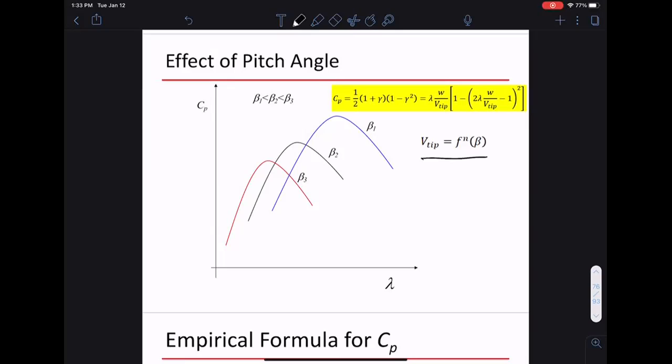Because this is a function of beta, it changes how the curves behave. Here the red curve is a larger beta, and the blue curve is a smaller beta. So by changing beta, you can place the curve at different spots, and that gives you a difference in CP.